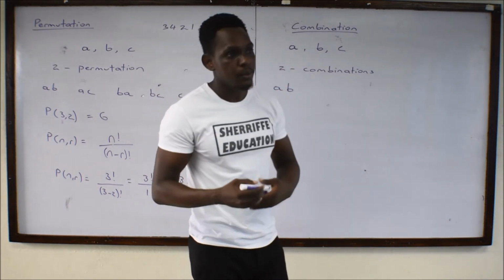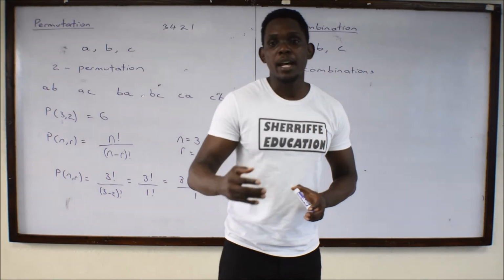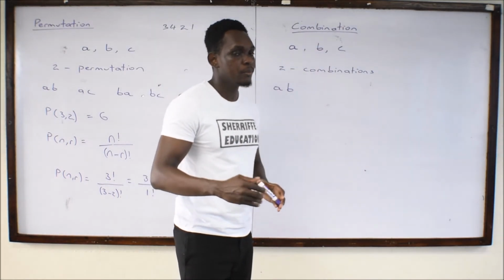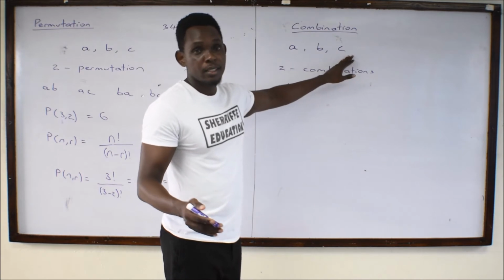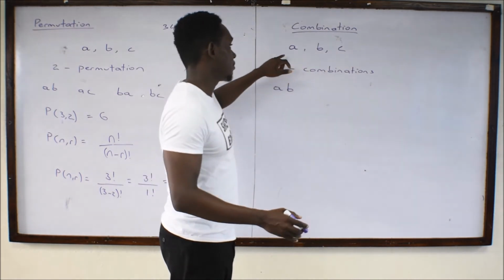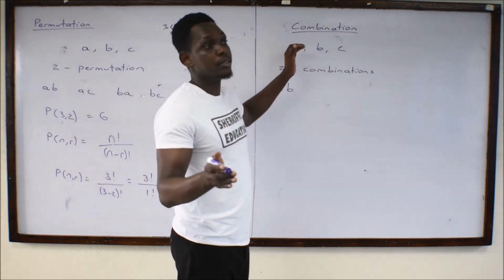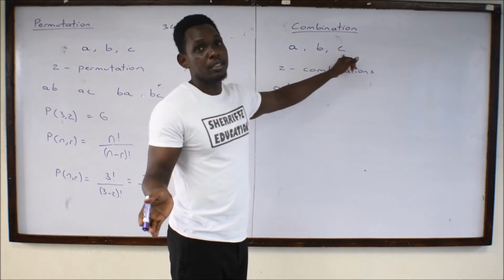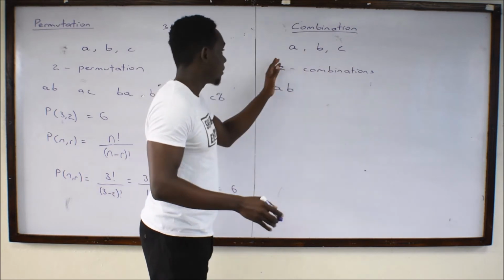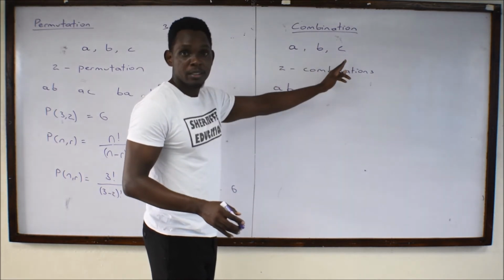Basically, I can look at it as selecting a team of two members from these three members. The three members are A, probably for Anthony, B, probably for Blanco, and C, probably for Curtis. So I'm selecting two members from these three.